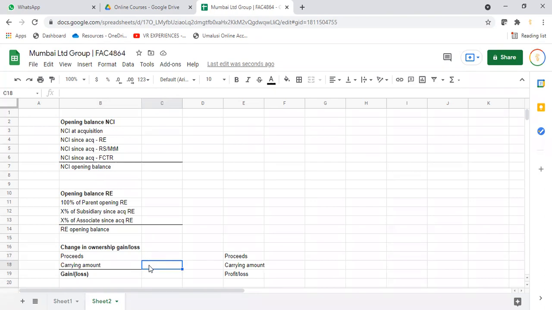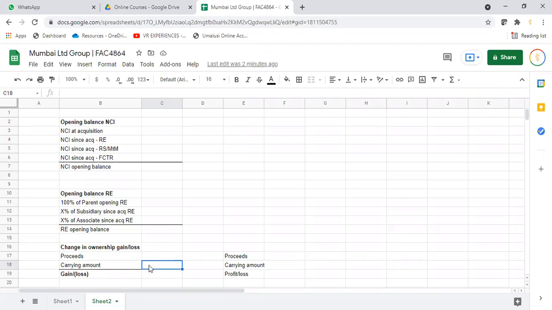So all we do with this carrying amount, we ask ourselves the question, at the date of sale, what is the equity balance of the subsidiary from a group perspective?